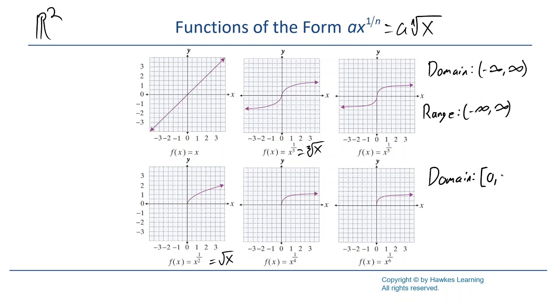But notice both of these have a domain of 0 to infinity, because I can plug in any value that's equal to 0, or a positive number, because you can take the square root of any positive number. You can take the 4th root of any positive number. You just can't take the square root, cube root, even root of a negative number. I wrote domain twice.